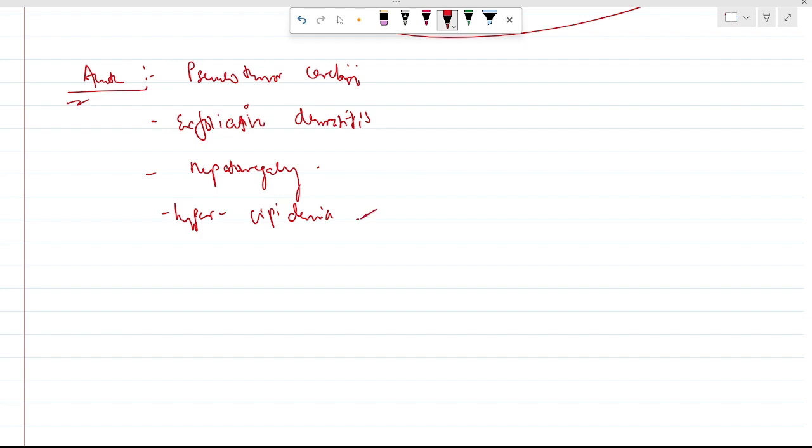So: hyperlipidemia, hepatomegaly, exfoliative dermatitis, and pseudotumor cerebri.